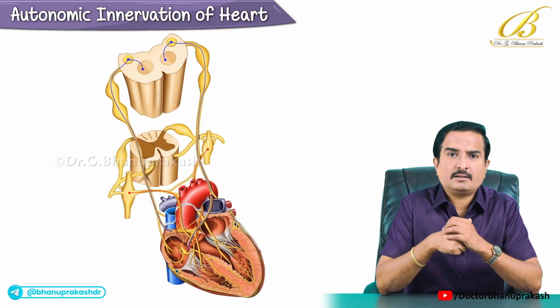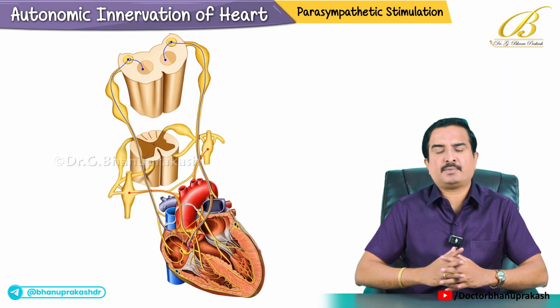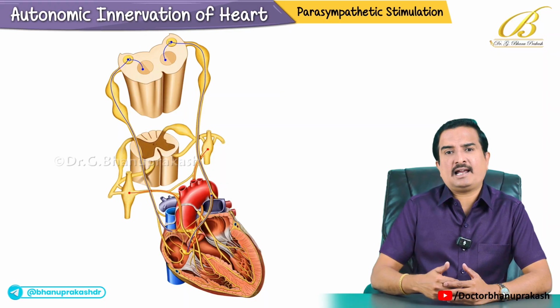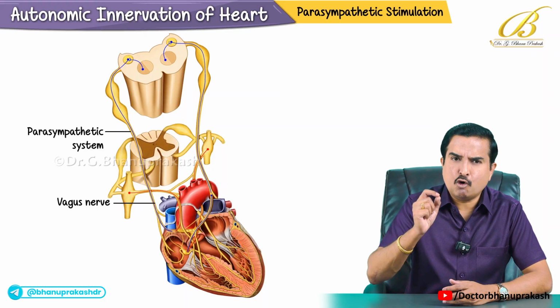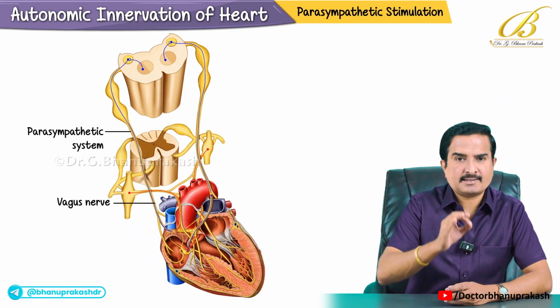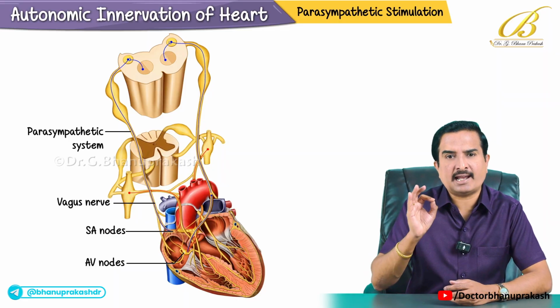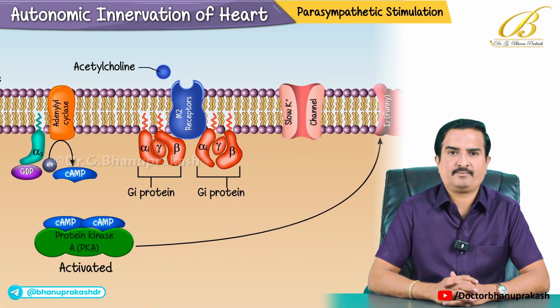So next is the parasympathetic innervation. What is the effect of parasympathetic stimulation on the heart? Remember guys, the parasympathetic system, mainly via the vagus nerve, mostly impacts the SA and AV nodes when compared to other tissues of the heart. So what is the neurotransmitter here? Acetylcholine.